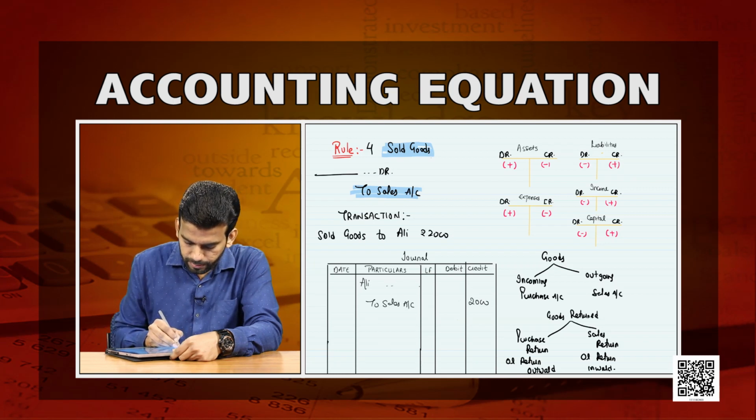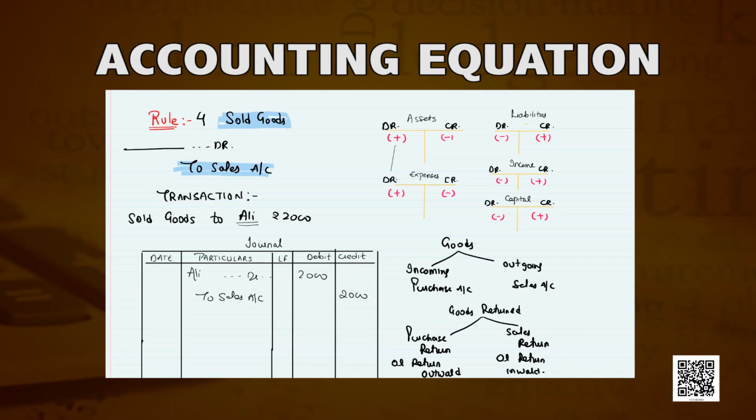Ali. Ali is debited. Now, I mentioned the name Ali, which means the entry is on credit. I sold goods to Ali, Ali did not pay me, Ali is a debtor now, Ali is an asset. That means asset has increased, that is why it is debited. Am I clear? Please note it down, then we will move to the next example.